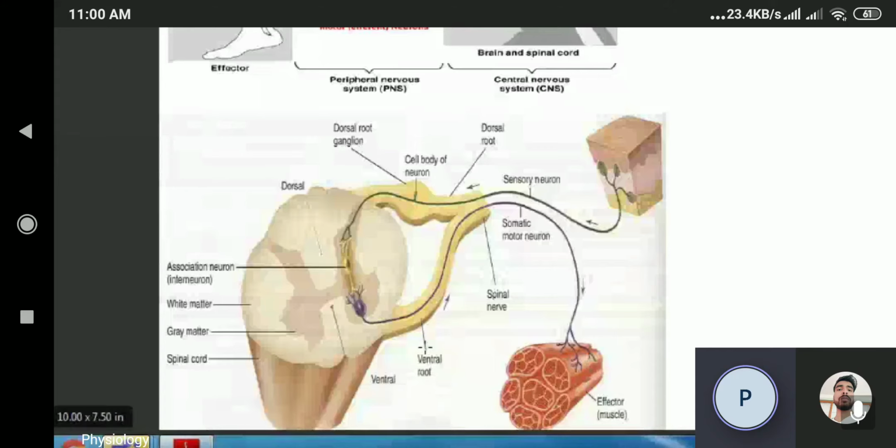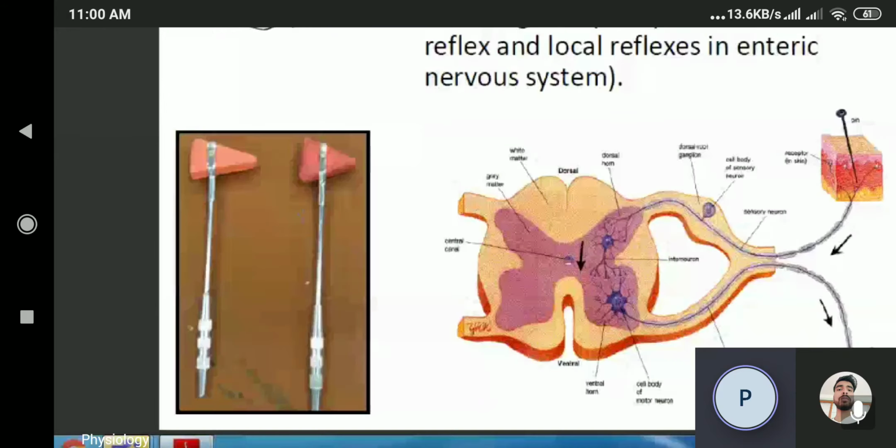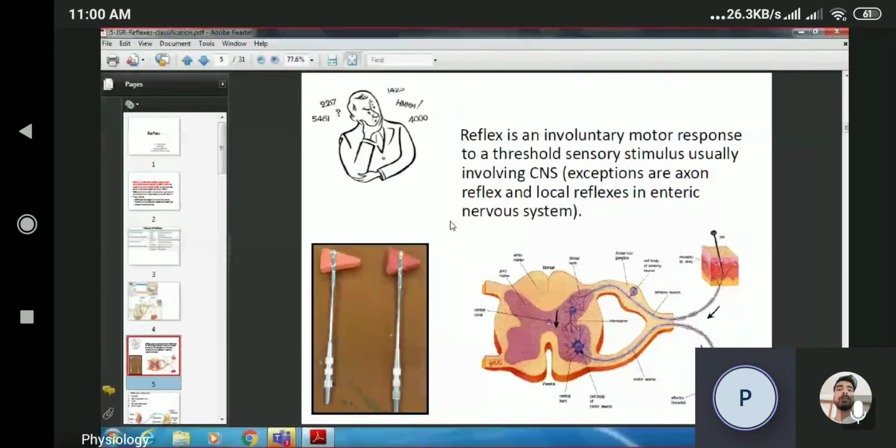Now let's see. These instruments are known as percussion hammer or clinical hammer. This is a repetition for you to revise and recall. Reflex is an involuntary motor response to a sensory threshold stimulus involving the CNS. Here a pin has pricked the skin, so the person feels pain sensation.